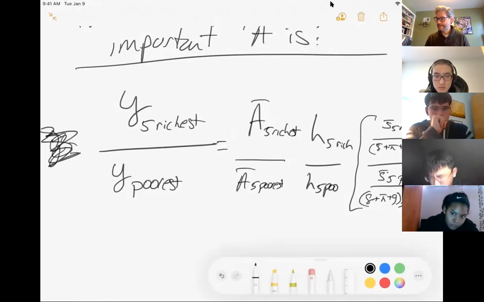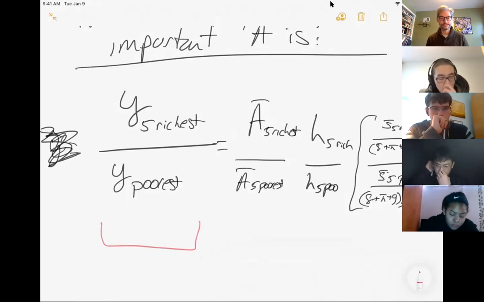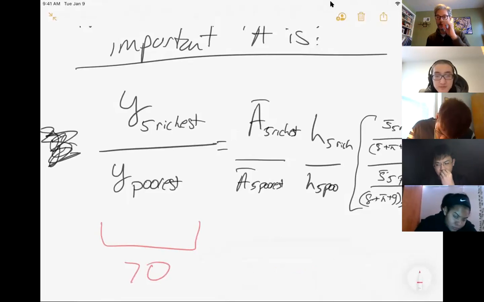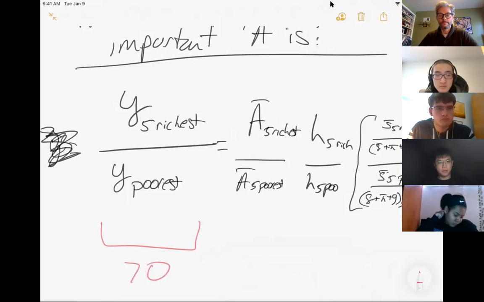So if we look at data comparing the 5 richest countries, what is this in the real world? This is 70. Meaning the 5 richest countries in the world have per capita income levels that are 70 times the 5 poorest countries.